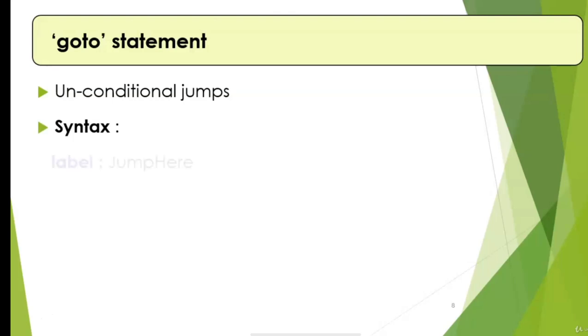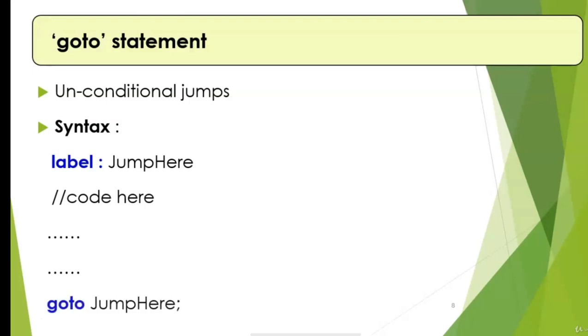Let's discuss goto statement in detail. Goto is also called as an unconditional jump, and syntax is as follows. So we are going to create a label. So label is a keyword here, label colon, and give some name to the label. I have given the name as jump here. You can write the code after that, and then you can use goto.